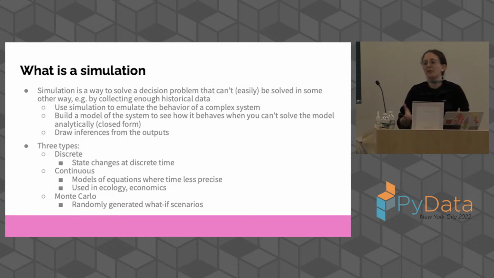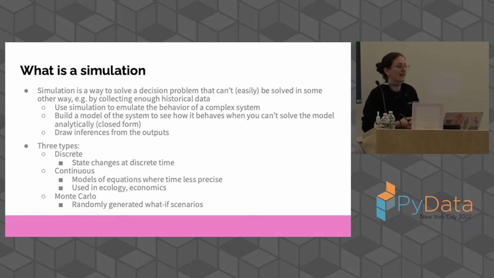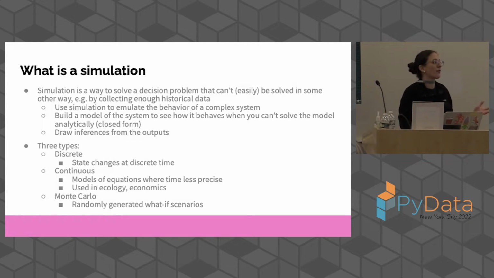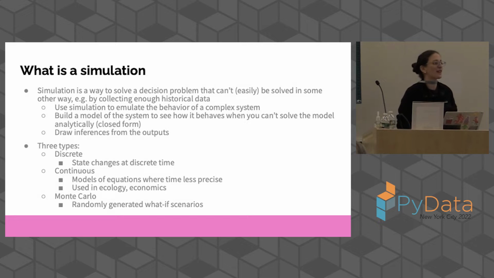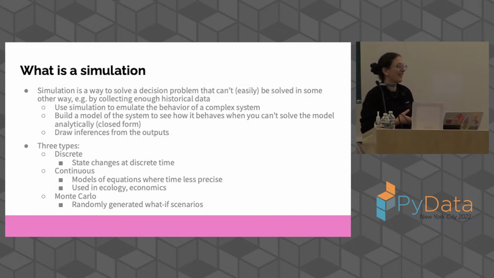That will give us information to make a decision that is based on the performance of a complex system. And from the outputs of the simulation, we can draw inferences. That is, make conclusions about the actions that we should take.